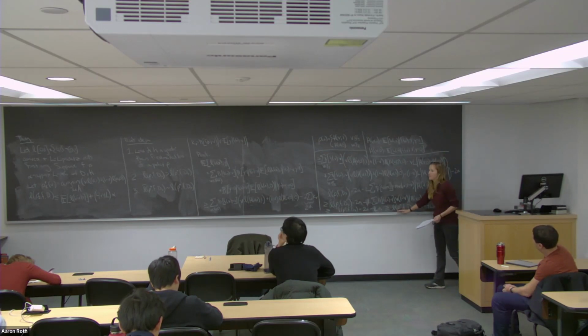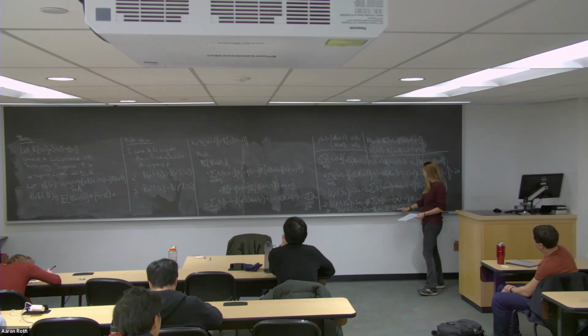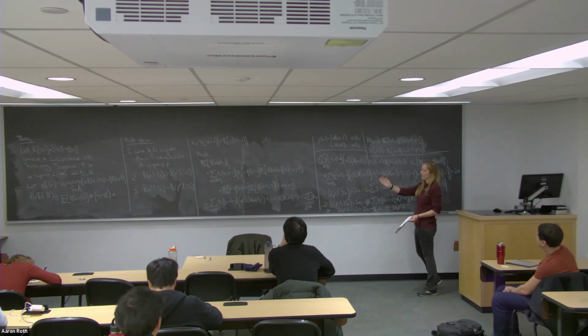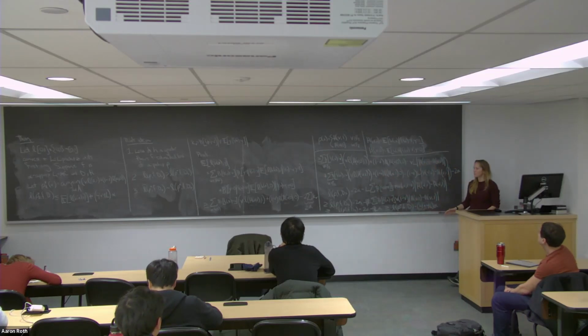So in particular, the loss of the optimal policy will be less than or equal to the loss of any function in H plus this 4 alpha plus 4L alpha term.